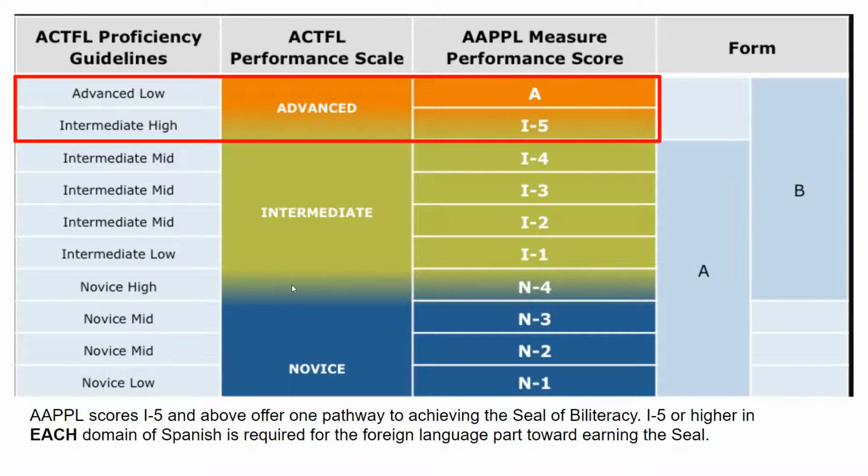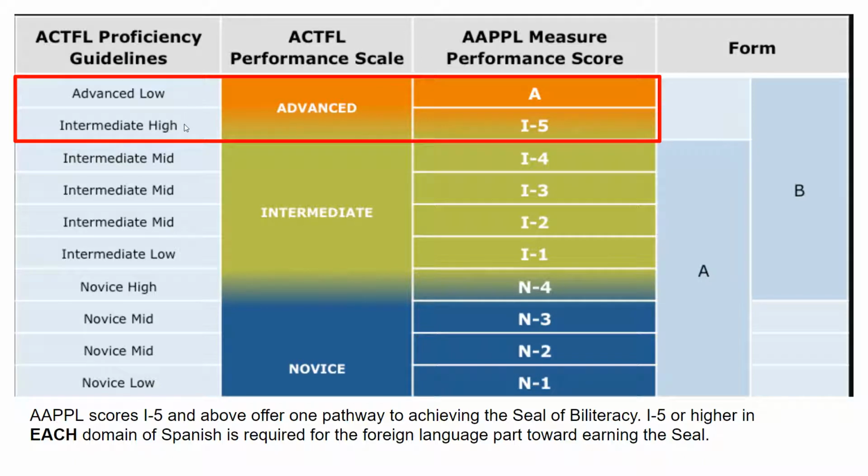For context, I just wanted to share that we use these scores in a couple of different ways. For 8th graders, for example, using the Form B, we look at how close students are performing to the intermediate high to the advanced low levels.